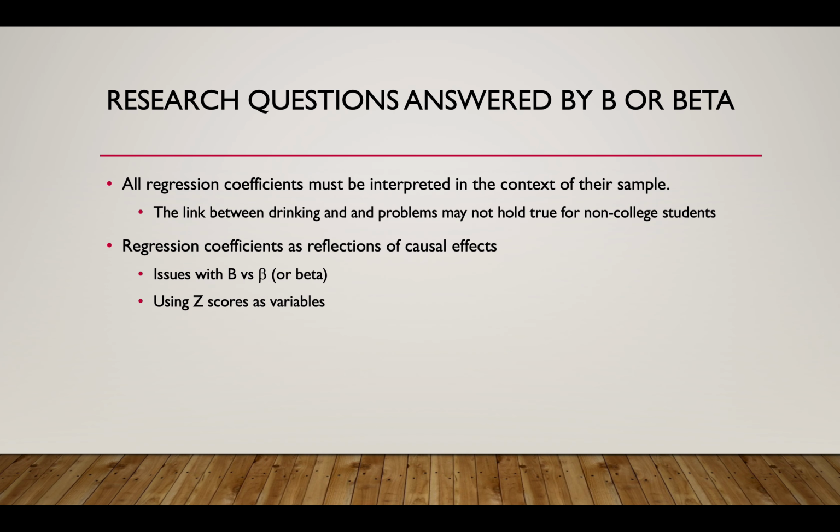So for example, I study alcohol use and alcohol-related consequences, and I may find a relationship between alcohol use and consequences that has a standardized magnitude of, let's say, 0.3, a correlation of 0.3, and that's actually a fairly consistent finding. But sometimes I find 0.2, and sometimes 0.4, and sometimes 0.5, and sometimes 0.15.